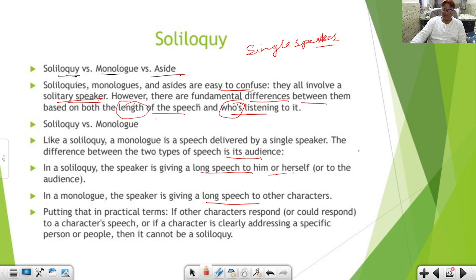Here, either himself, so that is either the character speaks to himself or audience.